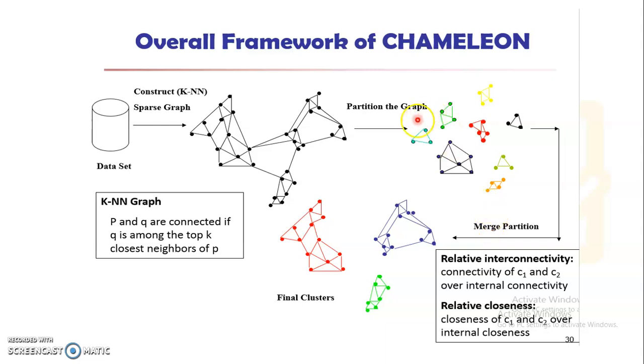Let's suppose we combine this three-object cluster with this four-object cluster. Then the connectivity and closeness of the objects will increase. This will be a good cluster. So we combine these clusters, but this data object is dissimilar to the three-object cluster, so we are not going to combine these two clusters with this three-object cluster.